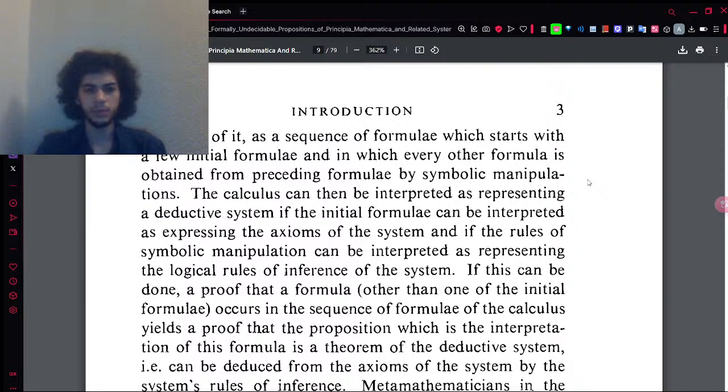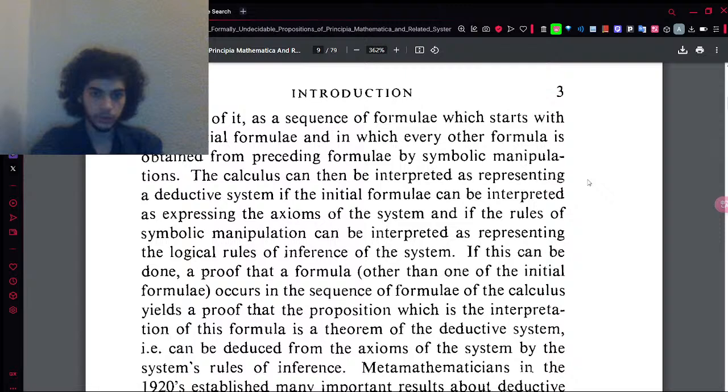The calculus can then be interpreted as representing a deductive system if the initial formulae can be interpreted as expressing the axioms of the system, and if the rules of symbolic manipulation can be interpreted as representing the logical rules of inference of the system.